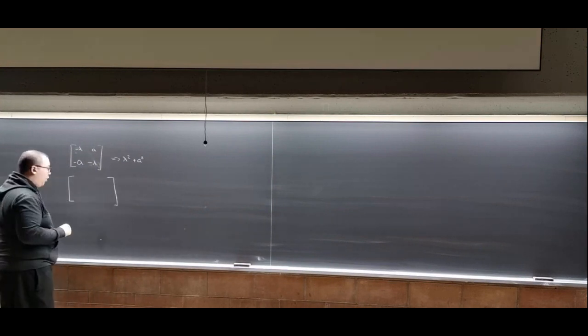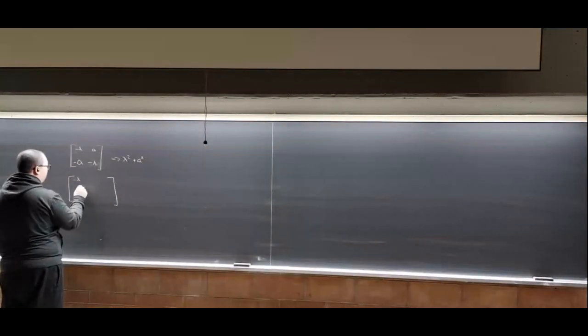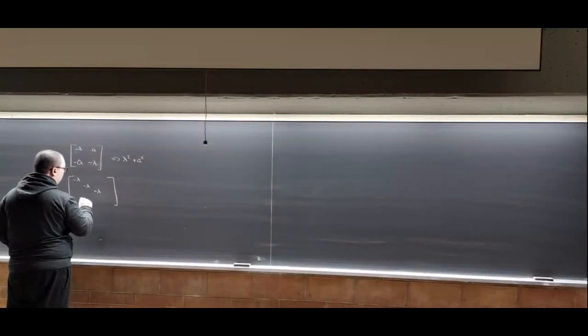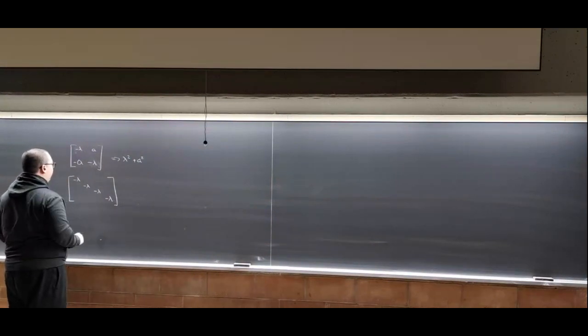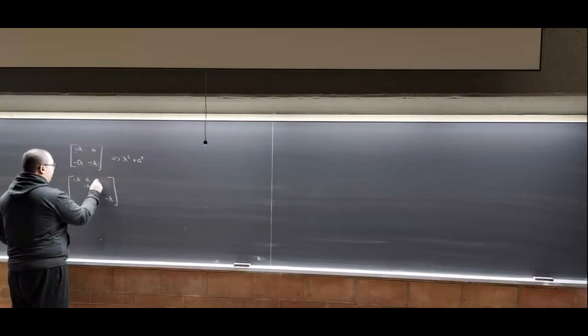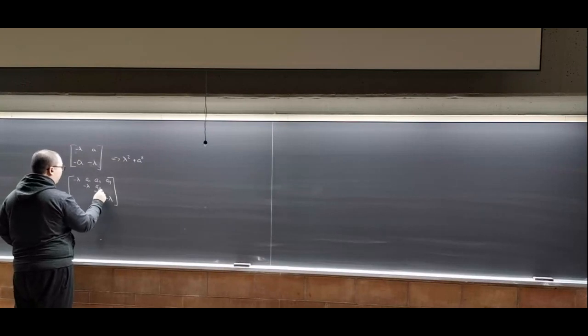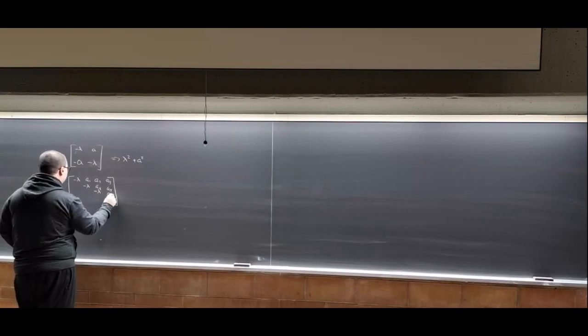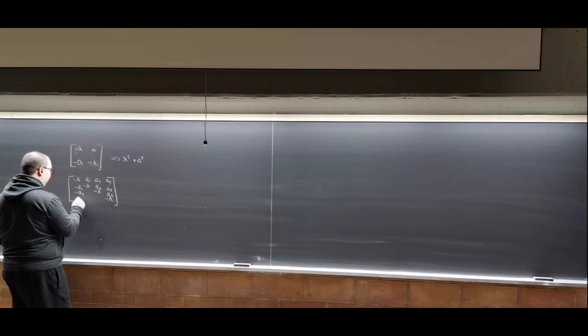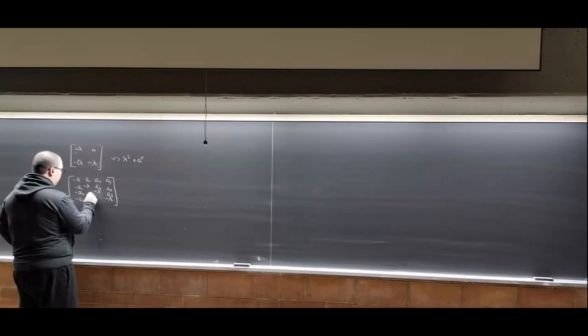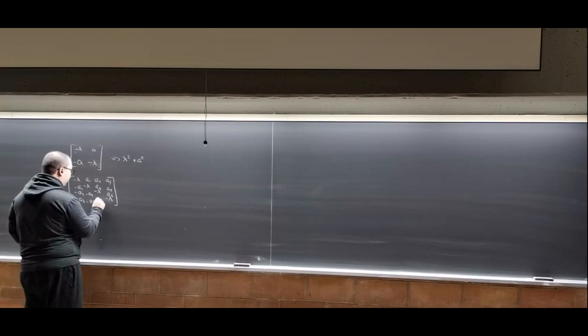Is it true for a 4 by 4 matrix as well? One, two, three, four, five, six. Oh my god, there are 6 numbers. A1, A2, A3, A4, A5, A6, and then this is minus A1, minus A2, minus A3, minus A4, minus A5, and minus A6.